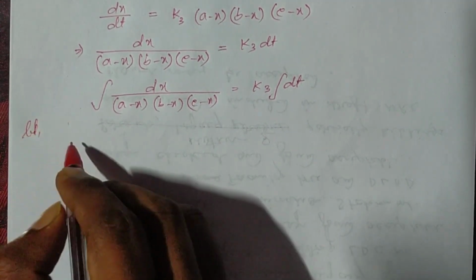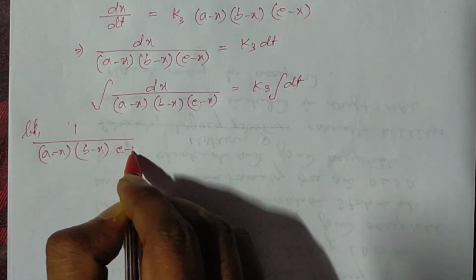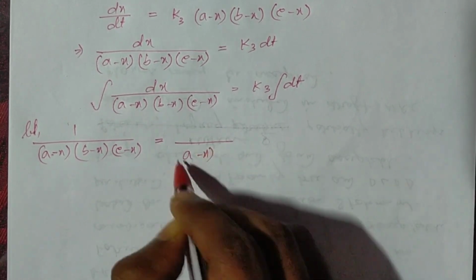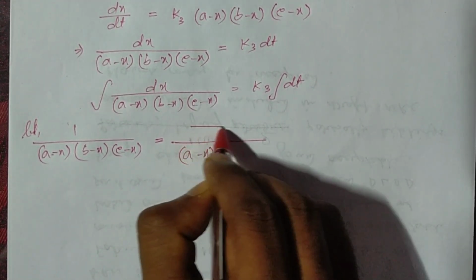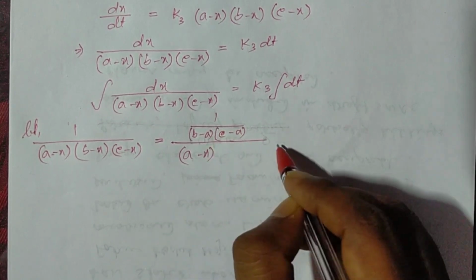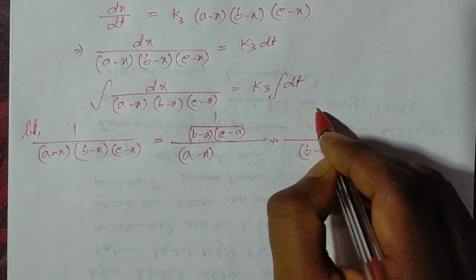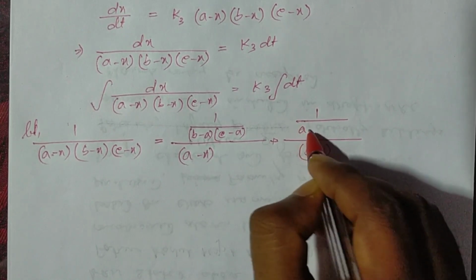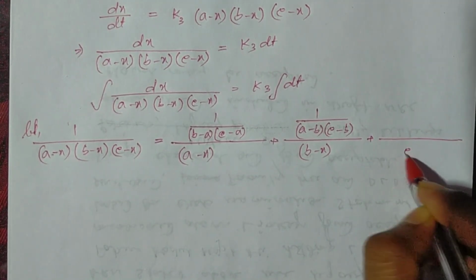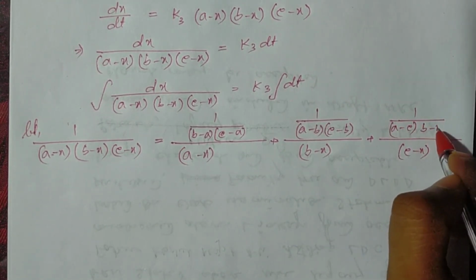Let 1 over (A minus x)(B minus x)(C minus x) be equal to (A minus x) times 1 by (B minus A)(C minus A), plus (B minus x) times 1 by (A minus B)(C minus B), plus (C minus x) times 1 by (A minus C)(B minus C).